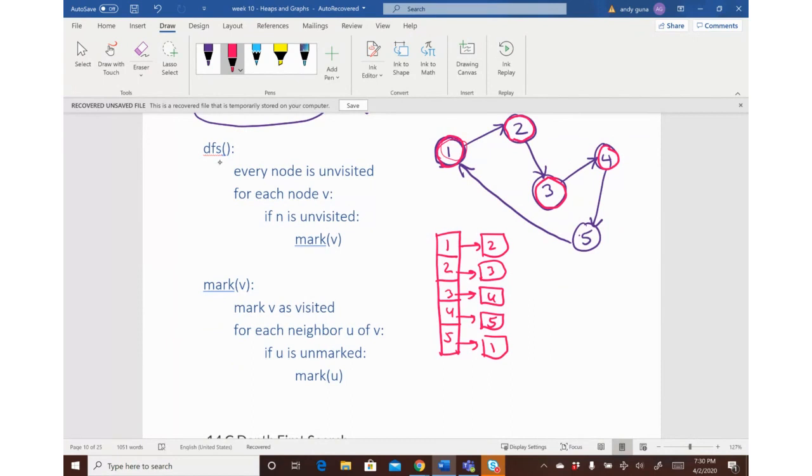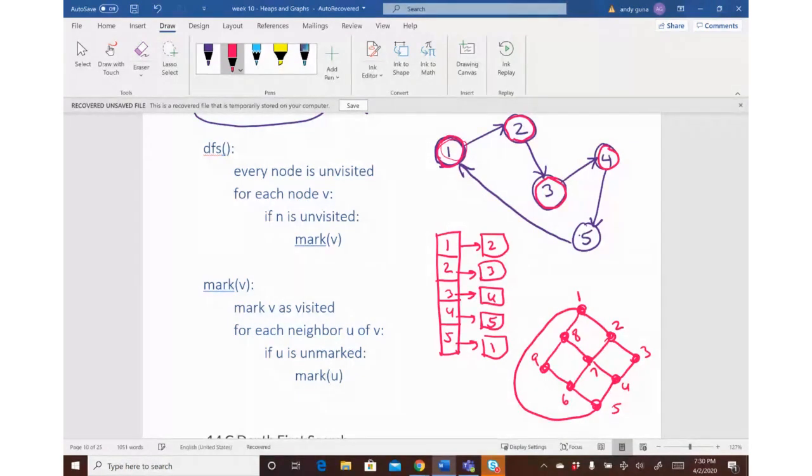Let's say we take a graph like this. All right, so let's say these are named 1, 2, 3, 4, 5, 6, 7, 8, 9.